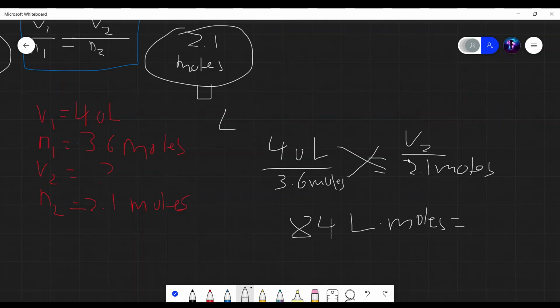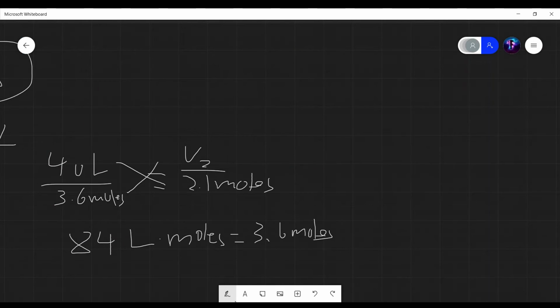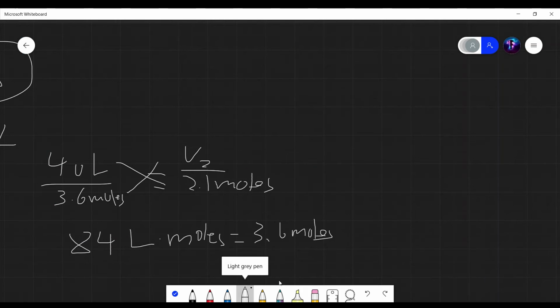Now we're going to multiply 3.6 moles with V2. So it'll just be 3.6 moles times V2. Okay, now we're going to divide each side by 3.6 moles.